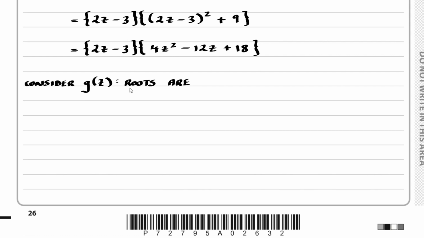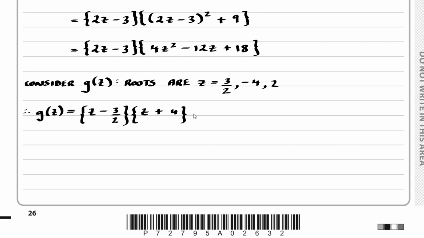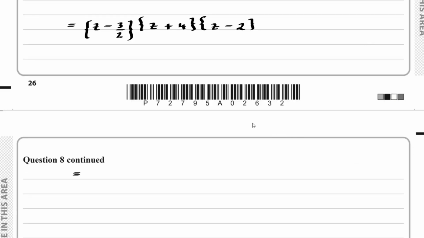If we now consider g of z, that's got roots 3 over 2, minus 4 and 2. That's what we worked out in part C. So we've got g of z equals z subtract 3 over 2 multiplied by z plus 4 multiplied by z minus 2. So if we work this out, well, here we've got the z minus the 3 over 2.